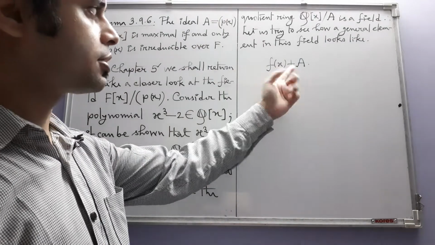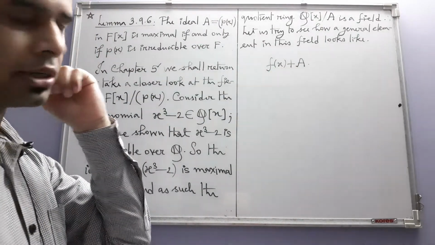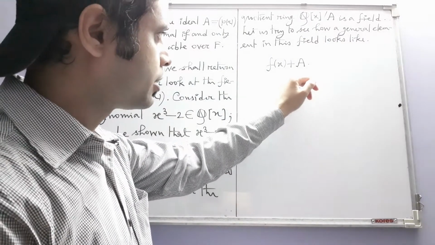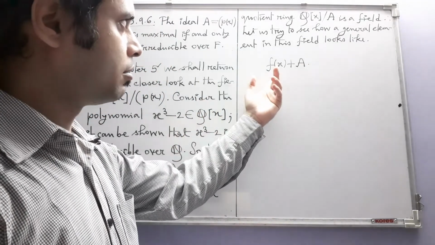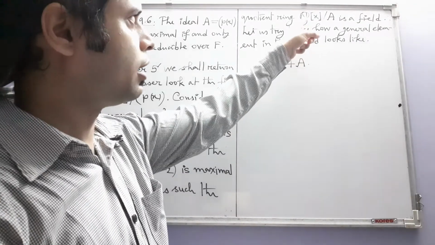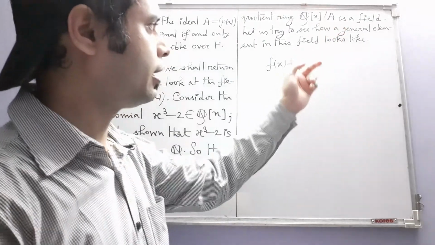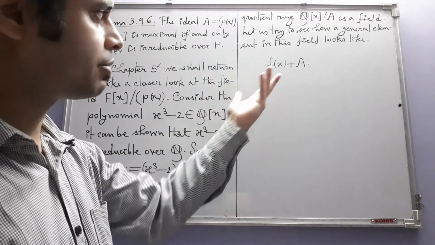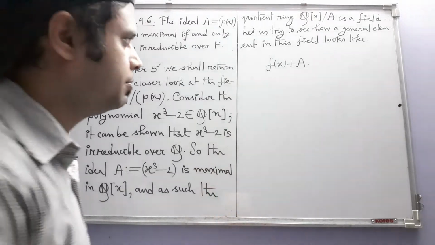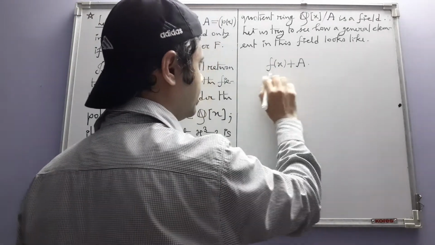This is a coset of the ideal A. Left or right coset, that does not matter, because the coset is actually a coset when you consider Qx as an additive group and A as a subgroup. That is abelian, so left and right cosets are the same, so we just simply say coset and we write fx first.